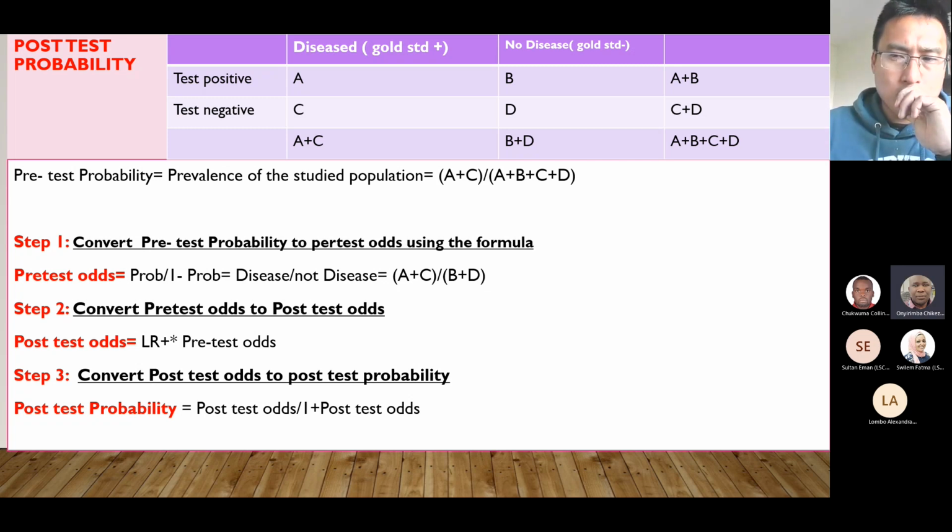I think post-test probability is also equivalent to positive predictive value, just as pre-test probability is equivalent to prevalence. But if you do it this way, it's sometimes easier to get it, for example if the data are missing.